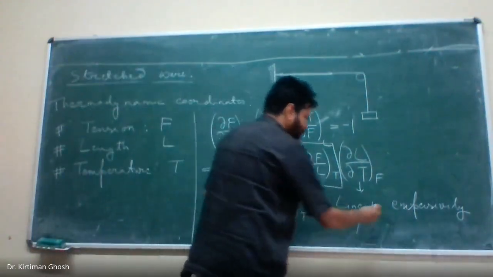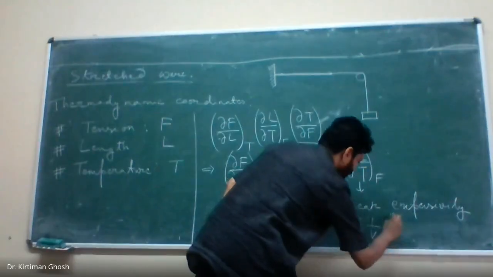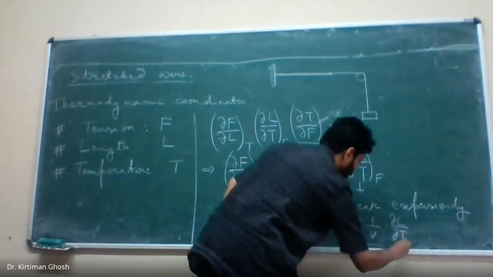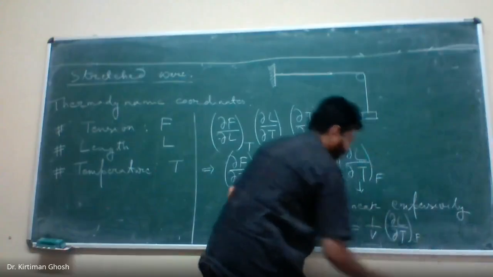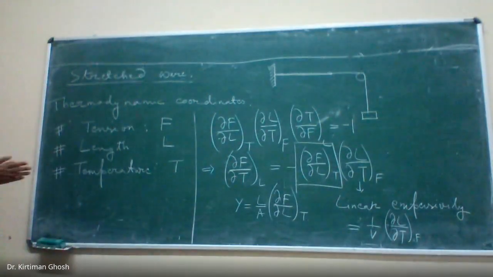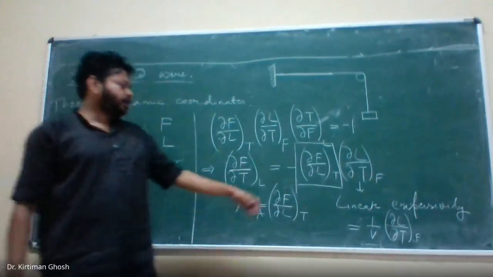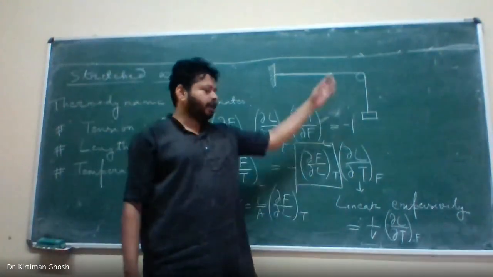This is actually defined as 1 by L del L by del T at constant tension. So if you increase the temperature of the wire, how does the length change? That is the linear expansivity. You can also do another experiment to measure the linear expansivity.